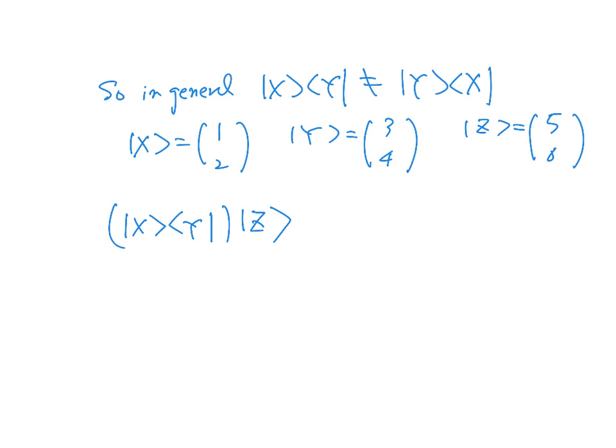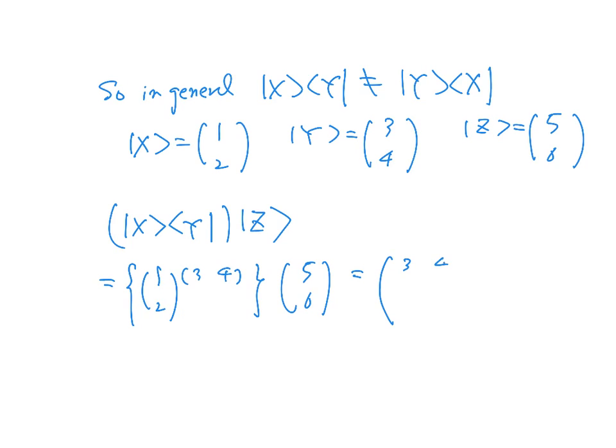And see what happens. So this is 1, 2 with 3, 4, giving 3, 4, 6, 8, times 5, 6.